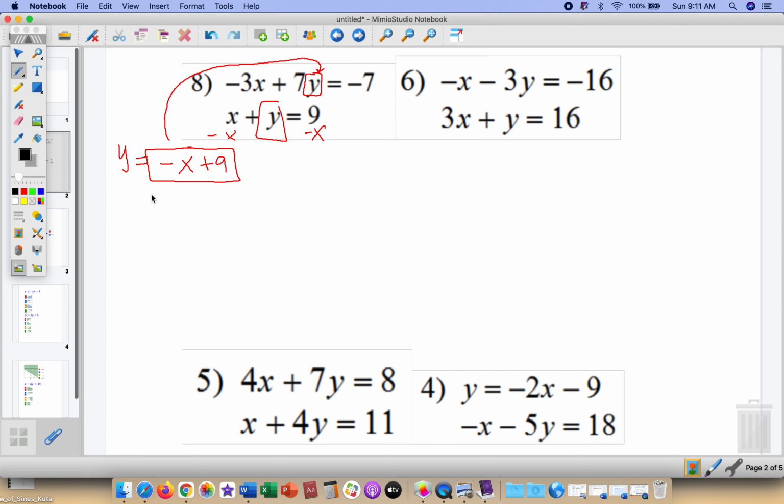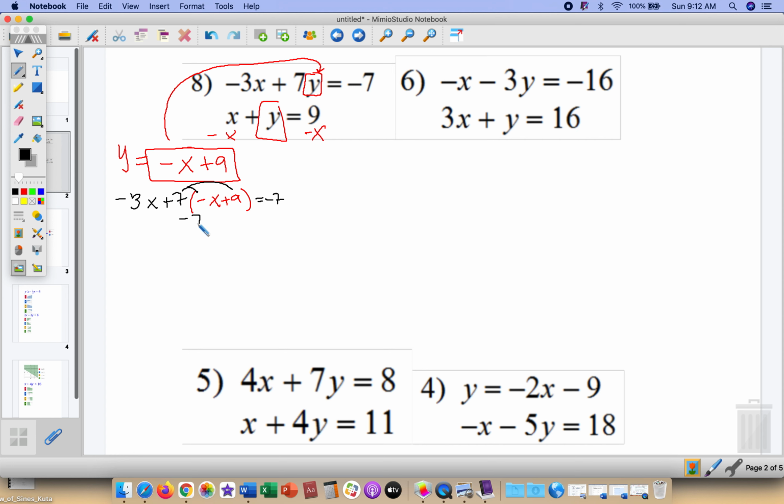So we're going to have top equation negative 3x plus 7. We'll substitute negative x plus 9, and that equals negative 7. We'll now distribute the 7 to the negative x and the 9.